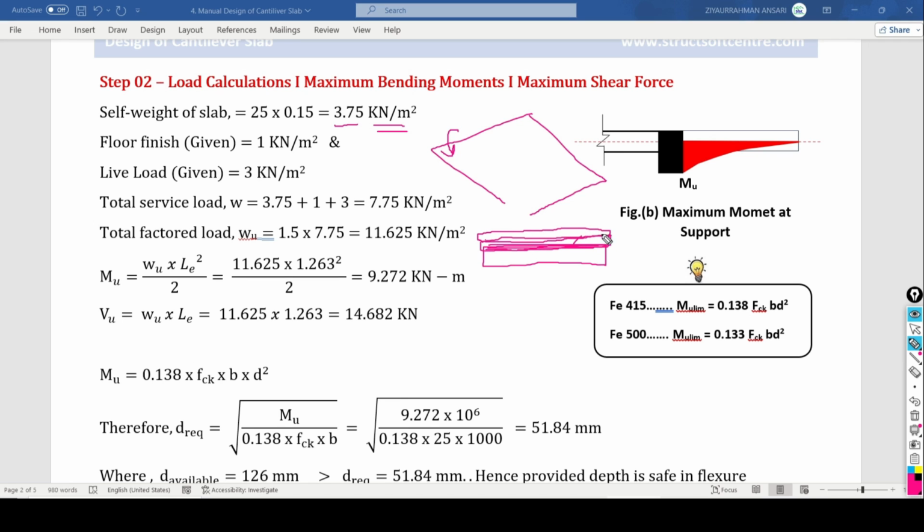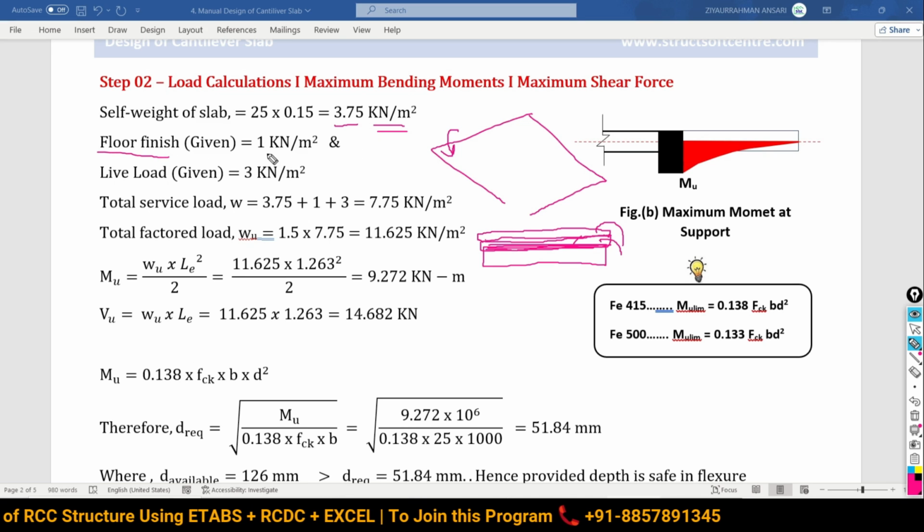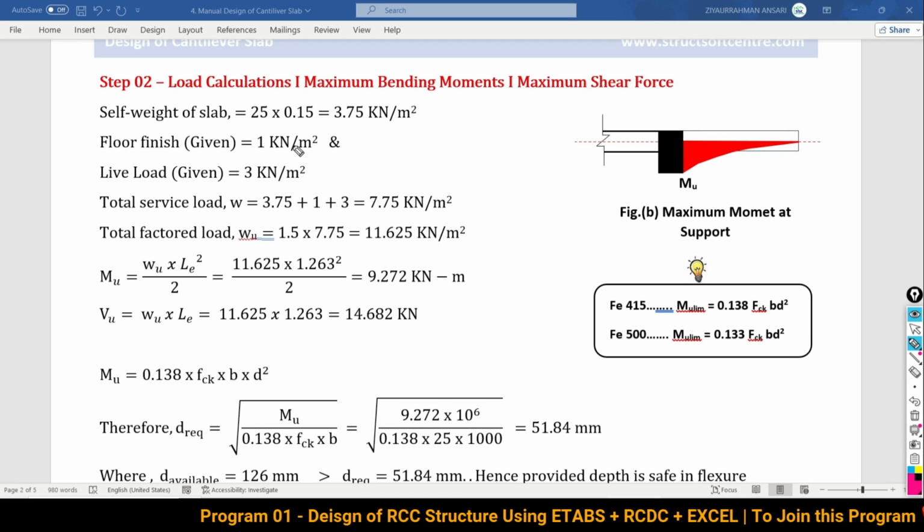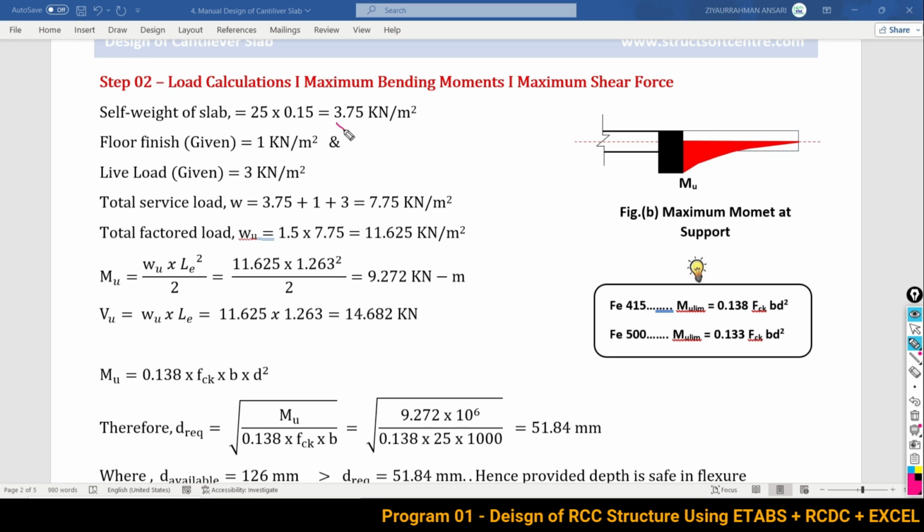This bedding material plus flooring tiles combined is called floor finish. That floor finish value is given as 1 kilonewton per meter square. So this is the purely dead load of the slab, and this is the dead load we apply over the slab as floor finish.